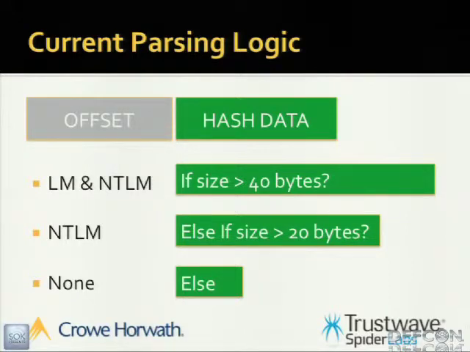So, 40, we got it, cool. If I'm over 40, I probably got both hashes. Otherwise, if I'm only over 20, I've got just an NTLM, and therefore I will parse that hash data completely differently, or I don't have any hashes. So the main takeaway here is that the way these tools decide to parse out the hashes is by measuring the length of hash data, which inherently leads us to the flaw.